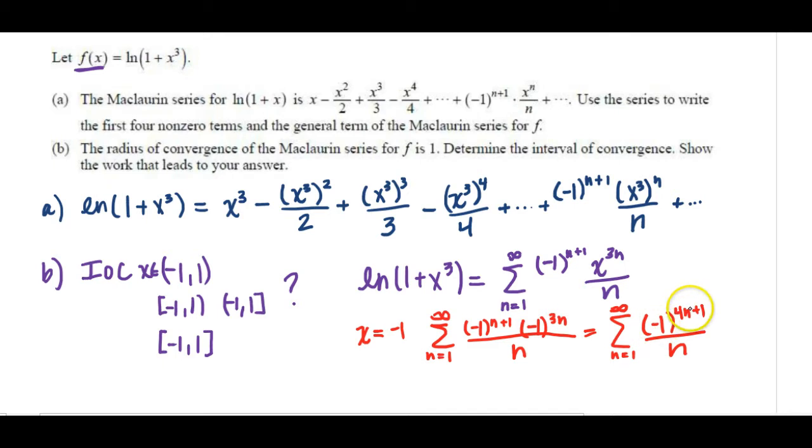And -1 to an odd exponent is -1. So this is the sum of just -1 over n, which if I pull out the negative to the front, because I can pull out that coefficient of -1, so that this is +1 over n, hopefully we recognize this as the harmonic series, which we know to diverge.